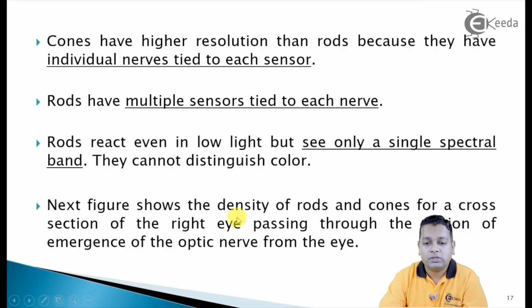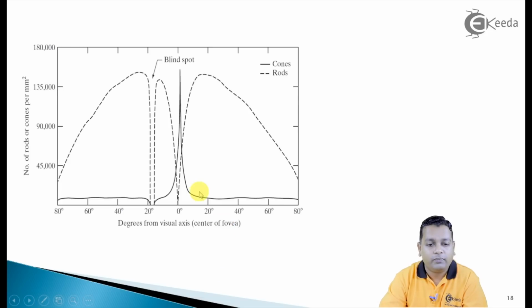The next figure shows the density of the rods and the cones for a cross section of the right eye passing through the region of emergence of the optic nerve from the eye. So let us see the diagram. Here, we have the degrees from the visual axis on the retina. The fovea is at 0 degrees, and this axis is with respect to another axis where we have plotted the number of rods or cones per square millimeter.